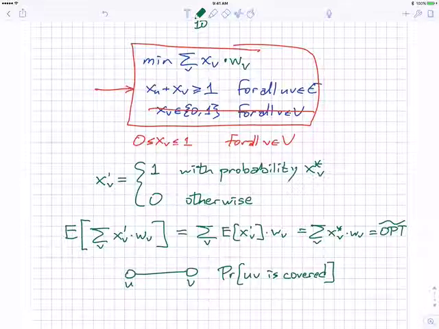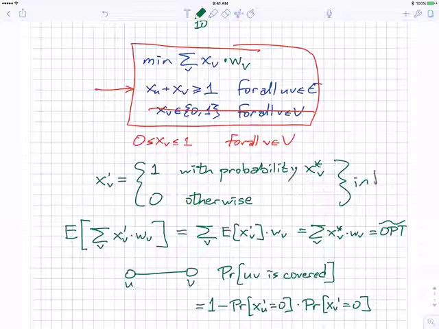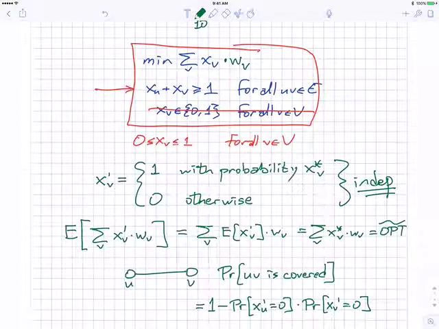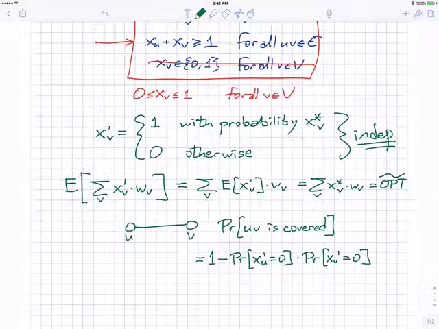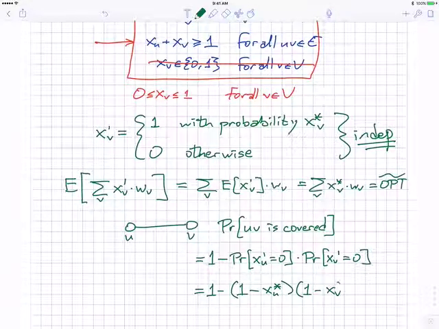Well, let me write this as 1 minus the probability that xu prime is equal to 0 and xv prime is equal to 0. And let me also mention, by definition, I want to flip these bias coins completely independently so that I can do this split. So this is equal to 1 minus xu star times 1 minus xv star.